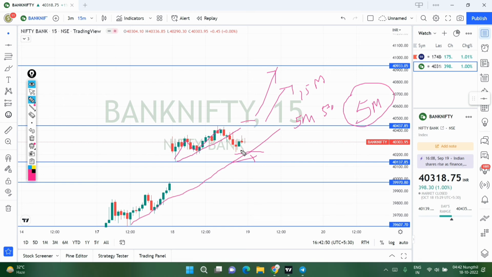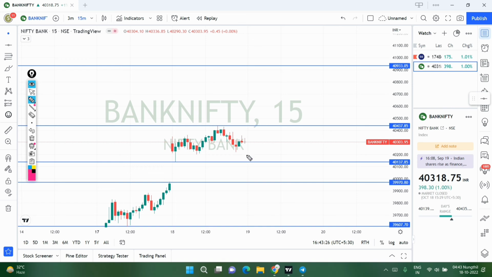If Nifty Bank opens a big gap up, like 40,700 or 40,800, the market will be volatile again. The best trade will be if the market opens flat and crosses above 40,450; you can get good momentum by keeping a stop loss of 60 to 70 points.